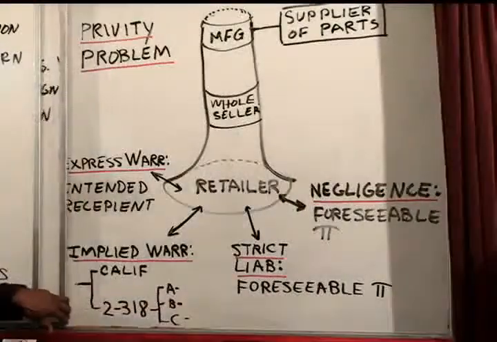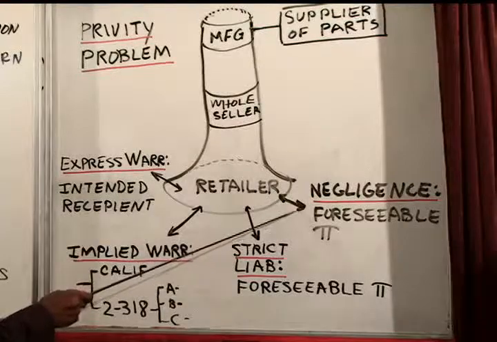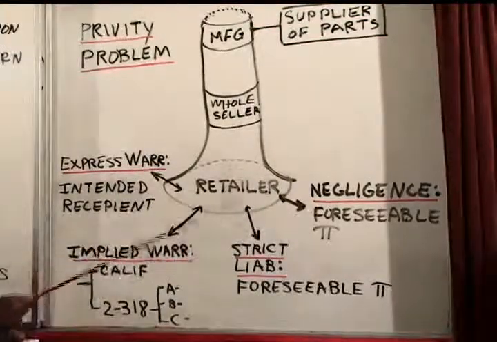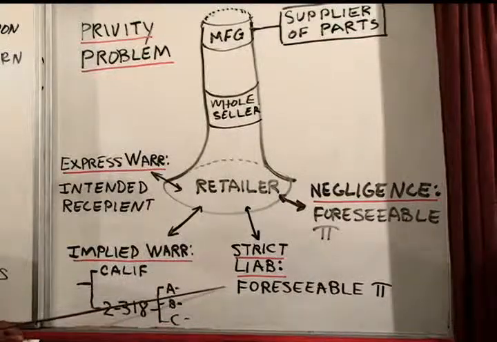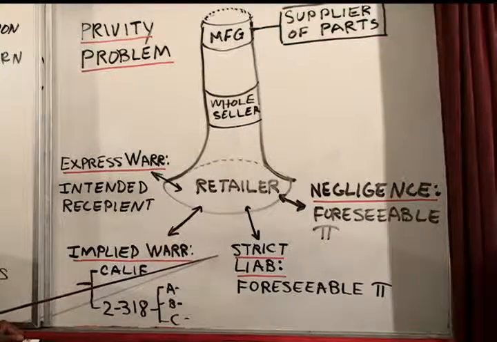And in negligence, we don't have a privity problem. You sue whoever was negligent, and the foreseeable plaintiff can sue. Strict liability, the foreseeable plaintiff can sue. But the damages you get here are just like other negligence and strict liability cases where you cannot get pure economic harm.